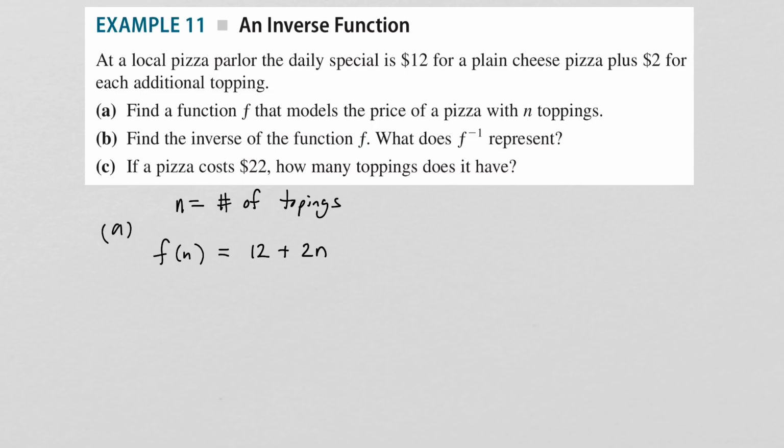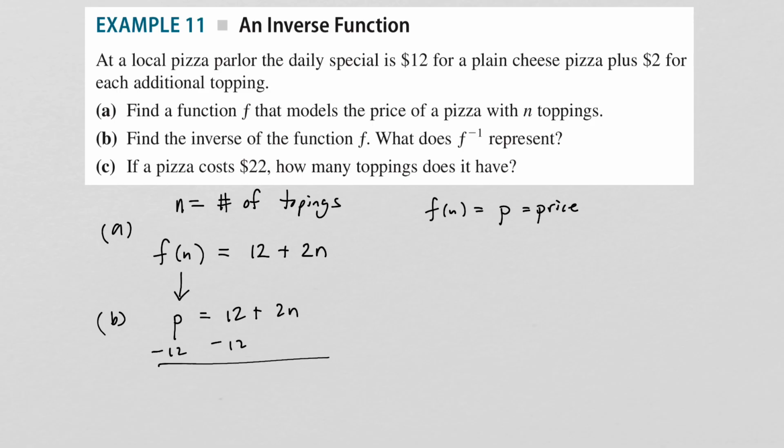Now let's find the inverse of this function. So let's say that f of n equals p for price. So first thing I'm going to do is change f of n to be p. And now what I'm going to do is solve for n. So to solve for n, we're going to subtract 12 from both sides.